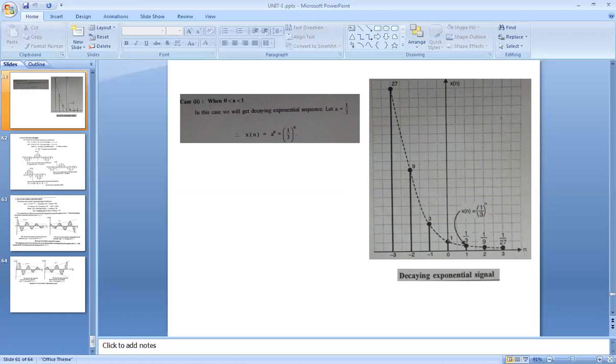Similarly, for n equal to minus 2, x of minus 2 is equal to 1 by 3 raised to minus 2, so it is 9. So over minus 2, 9 is marked, and so on, all these values you can plot one by one. So finally you will get the decreasing or decaying exponential signal.